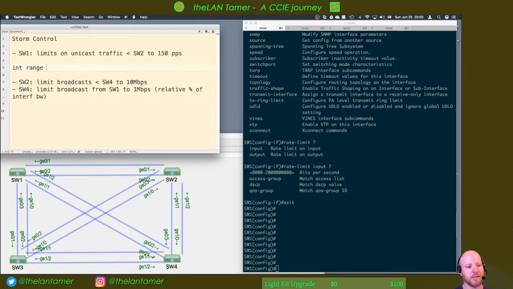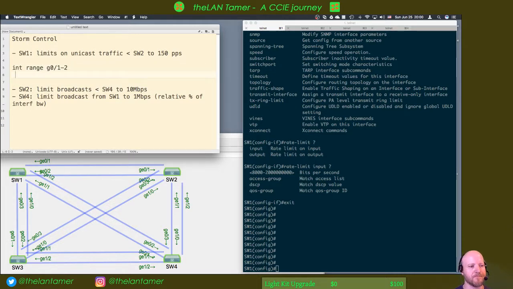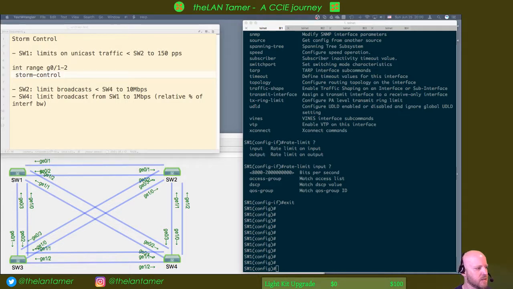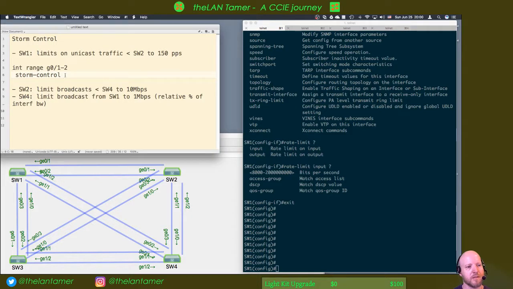Interface range G0/1 through 2. Storm control. And we would do in this case unicast, and the level 150.